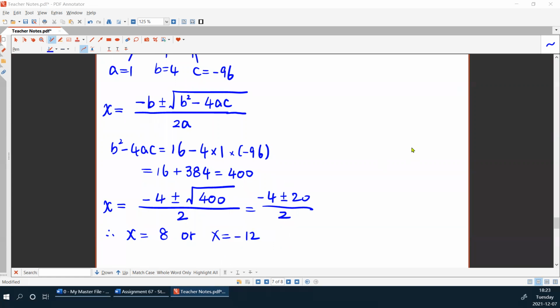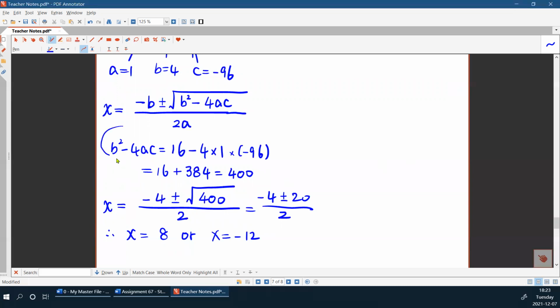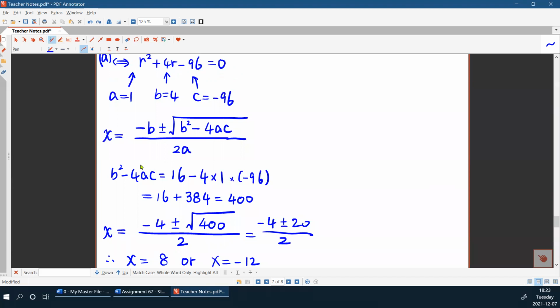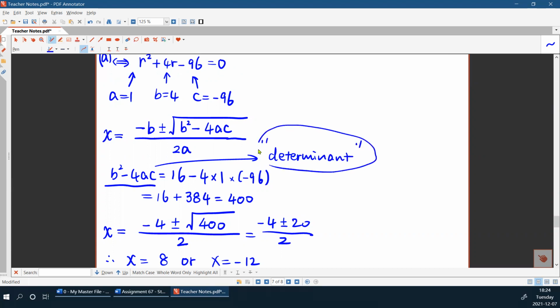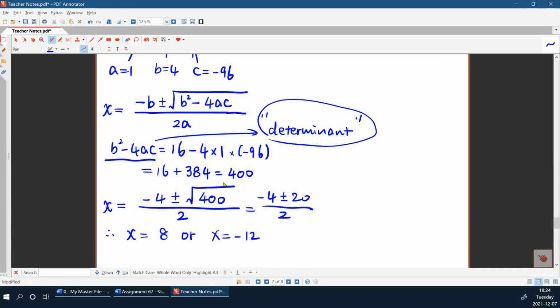As I told you before, when this expression here is a positive number, we will have two different real roots, right? Well, this expression here is often called the determinant. That means the value of the determinant determines what kind of roots and how many roots we have. You understand?